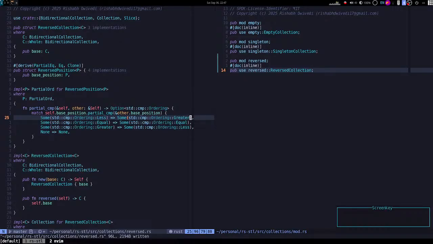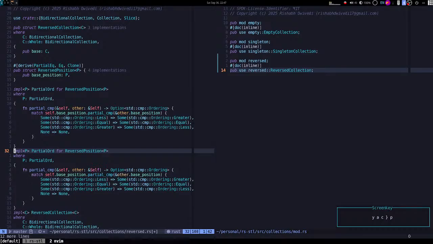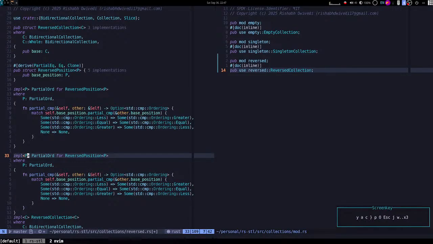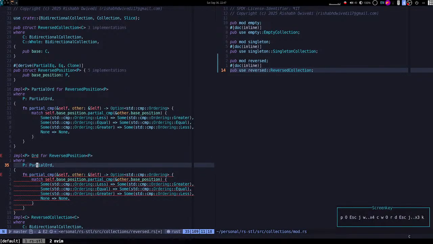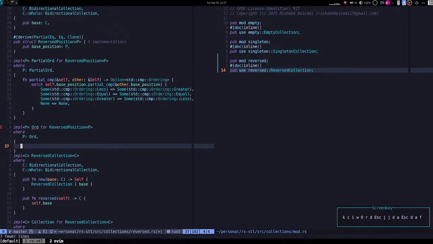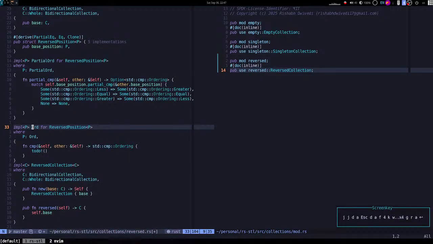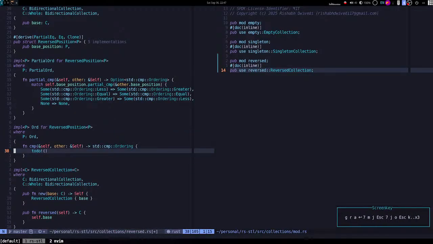This is the partial comparison, and now when I copy this and paste it here, I need to implement ordering and order. Derive, and I say, okay, give me missing members, right? And how do I compare now?